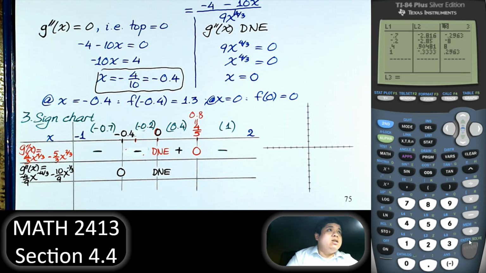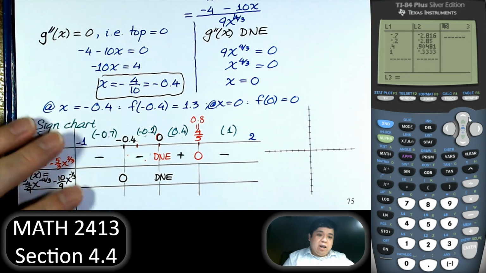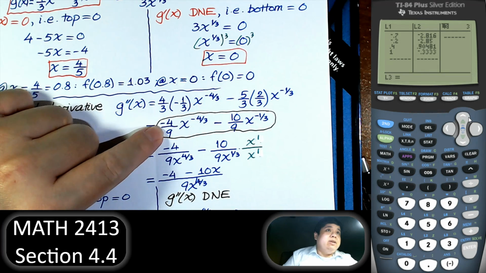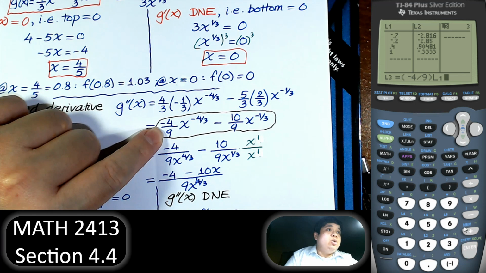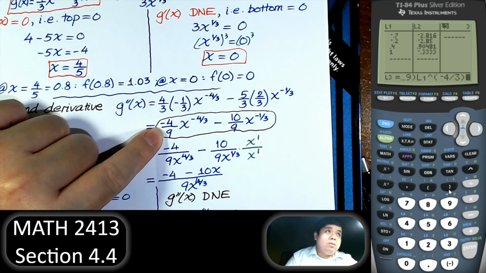Let's clear that first. Highlight that and enter the second derivative. Negative 4 over 9. The list 1 to the power of negative 4 over 3. Negative 10 over 9.